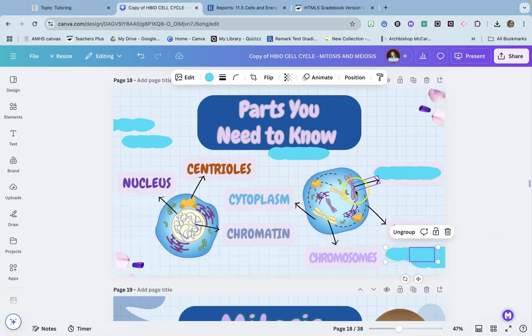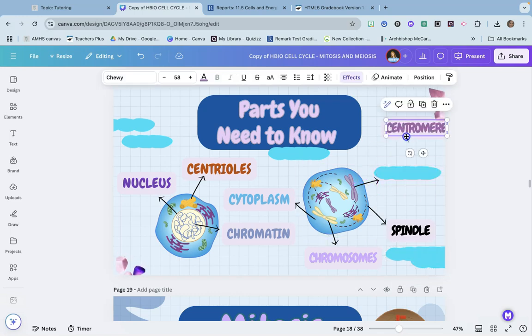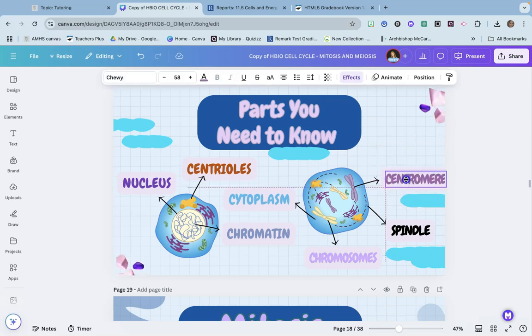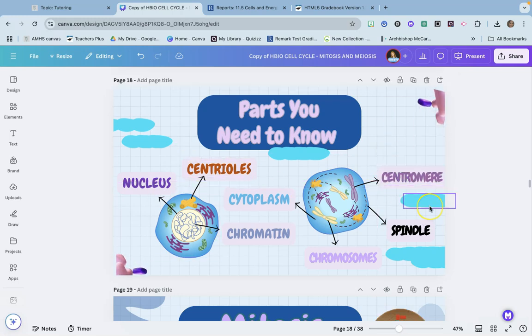And then, does anybody know what holds the chromosomes together? We've never talked about that, but out of curiosity, you know? Centromere. Good job. These parts are going to be visible in different parts of the cell cycle, and sometimes not visible. But these are the parts that you're responsible for referencing on the test and on your projects, okay?